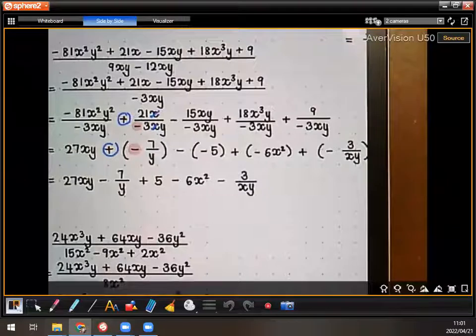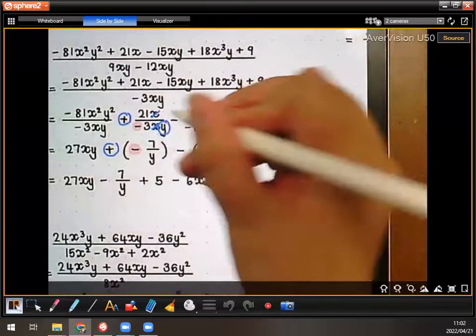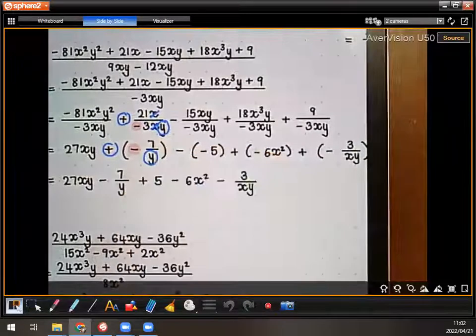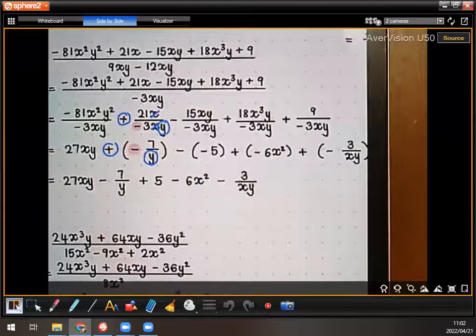But if it was just a 3x1. Okay, guys, so we are at this y at the bottom. It's a new concept, it's a bit difficult, but it's just because you had a y in your denominator originally, and there's no y at the top to cancel that out. So you have to keep that y in the denominator. Okay, it is difficult to know.